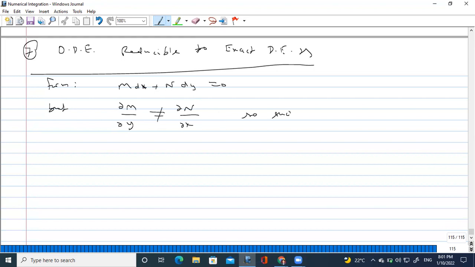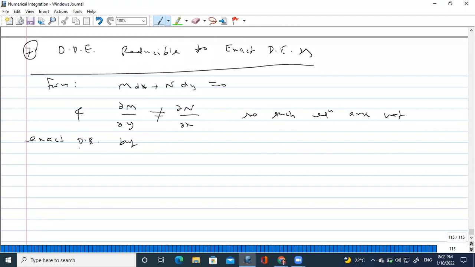So such equations are not exact differential equations. This is the form of equation, and del M over del y is not equal to del N over del x.